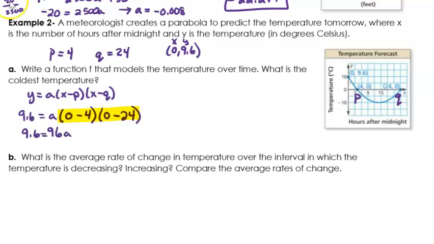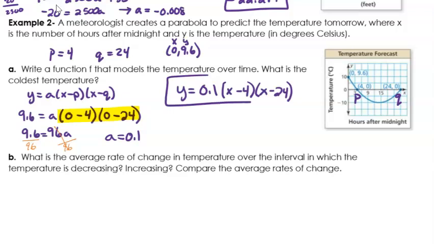And then to get a by itself, we're going to divide by 96. All right, and that gets us that a equals 0.1. So your equation is a is 0.1, x minus p is 4, and then x minus q is 24. That's the equation that fits this parabola.